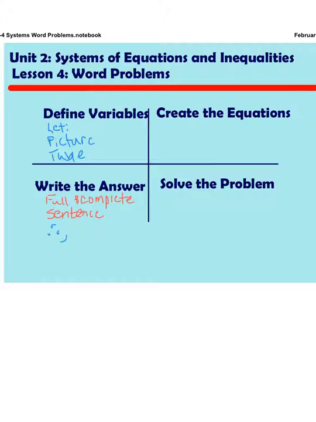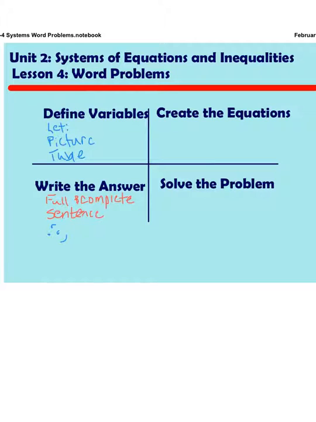Therefore, the capital of Bogota is, I have no idea, but there's your complete sentence. Or, therefore, the number of rabbits is 15 and the number of cats is 10. So there should not be, therefore, x equals 6. I don't know what x is. Equal signs do not belong in a sentence, that kind of thing.